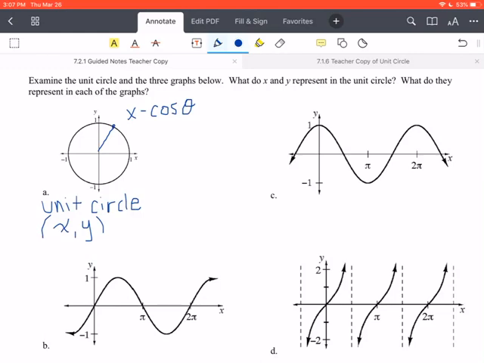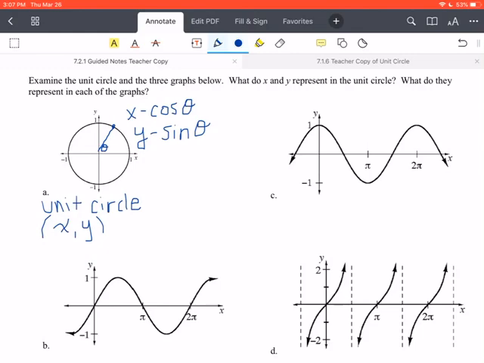Now remember, unit circle, we're always talking about points on the circle. Our angle is really right here, but when we talk about the value of x and y, it's going to talk about the cosine of the angle, which is really the position along the x-axis, and then y is going to talk about the sine of the angle, which is the position vertically.